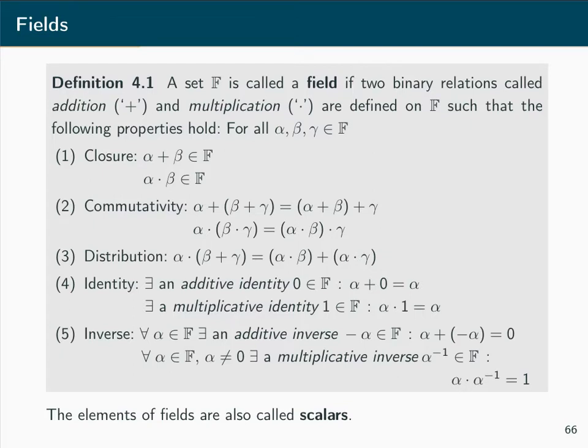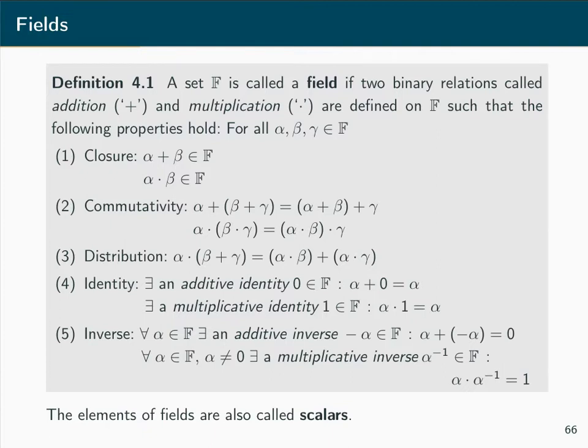For all elements alpha, beta, and gamma in F, we must have, first of all, closure, in a sense that if we apply the addition to any 2 elements of F, we will get another element of F. If we apply the multiplication to 2 elements of F, we also remain in F.